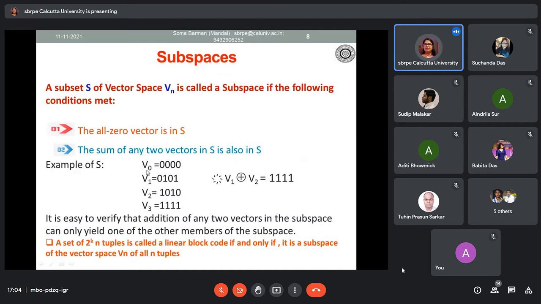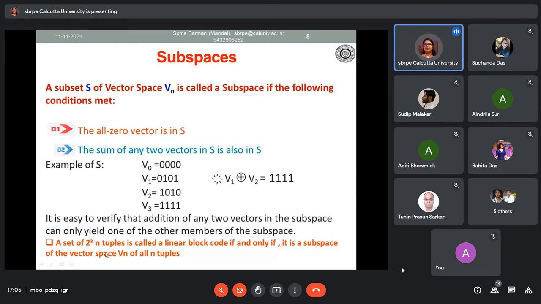So S is a subspace that satisfies the properties: the zero vector, and the sum of any two vectors. Obviously this is a subspace because it is contained within the space Vn. Clear? So it is easy to verify that the addition of any two vectors in the subspace can only yield one of the other members of the subspace.